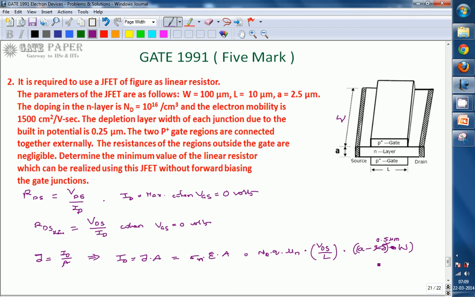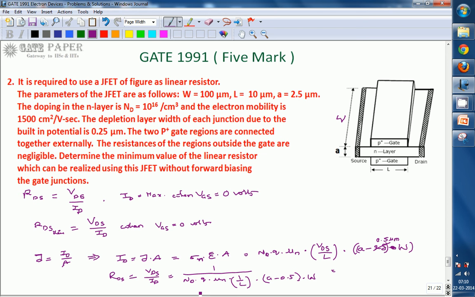So the area is A minus 0.5 micrometers times W. From this you can substitute the values, and RDS can be written as VDS divided by ID, which equals 1 by Nd Q mu n, times L divided by A minus 0.5 times W. Now check whether all the values are available.